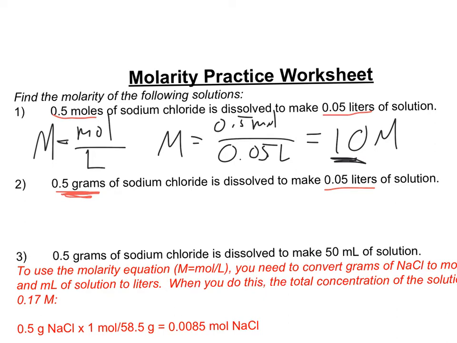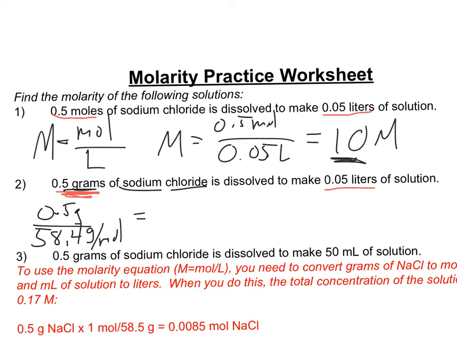So this means we have to do an extra step in this particular problem, because we need moles and we don't have moles, but we do have grams, 0.5 grams, and in order to convert from grams to moles, we divide by the molar mass, and this was given to you. You would find this, if you needed it, by going to the periodic table, looking up sodium and chlorine, adding their two masses together, and it comes out to 58.4.